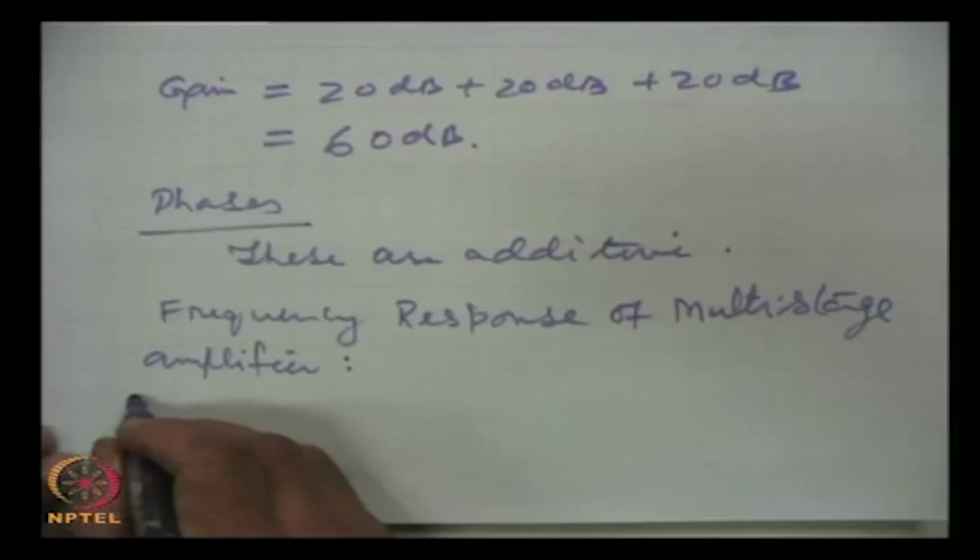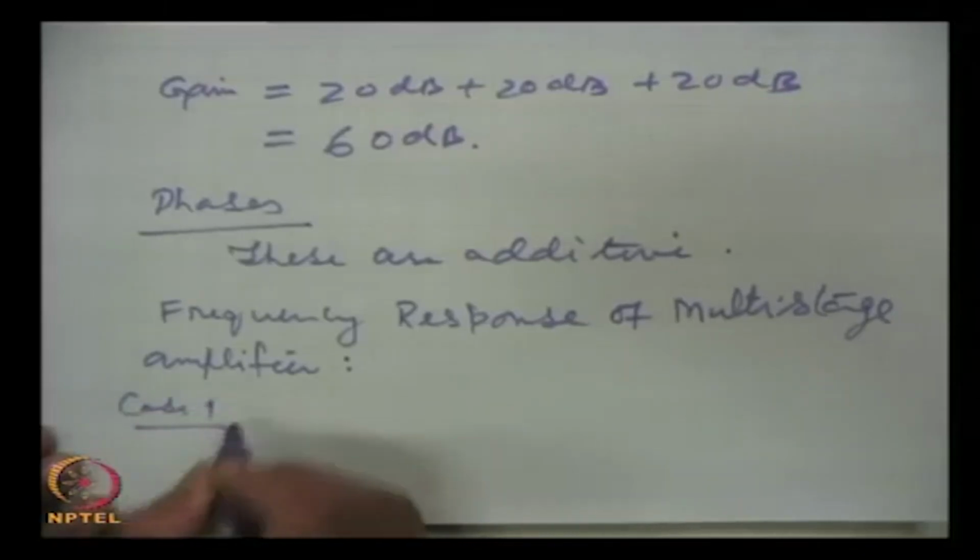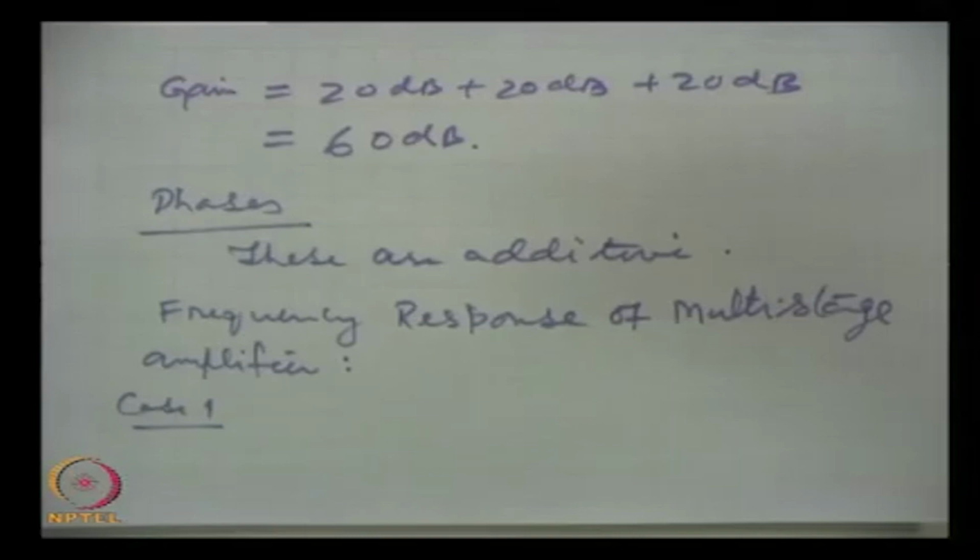The calculation of bandwidth of the multi-stage amplifier is not difficult in two cases, and the two cases are case 1: when stages which have identical lower cutoff and upper cutoff are coupled to form the cascade amplifier, the multi-stage amplifier, then the calculation is simple.